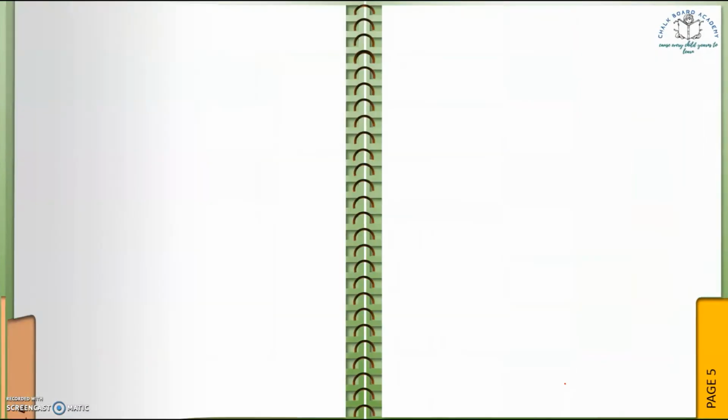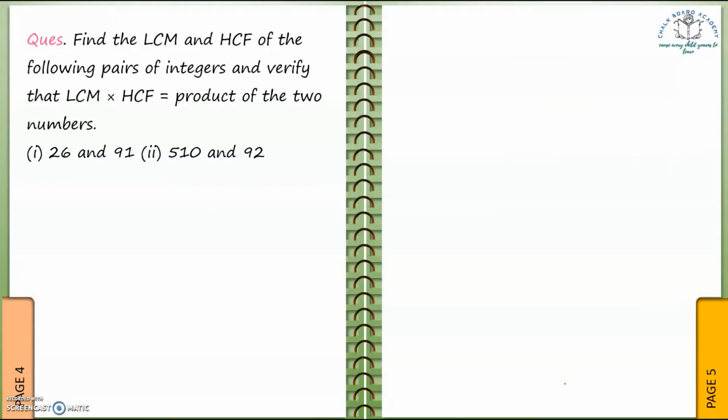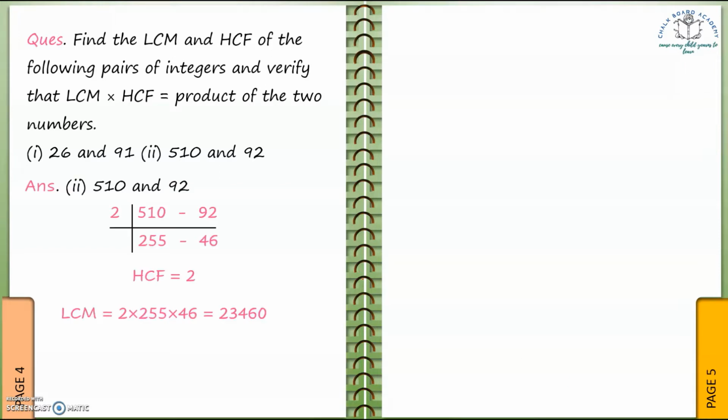Now we have another question which we had done earlier, and now we have another part of it. In this question we are supposed to find the LCM and HCF, and then we have to prove that LCM multiplied by HCF is equal to the product of these two numbers. Here we are given two numbers, 510 and 92. Because both numbers are even, we are dividing them by 2.